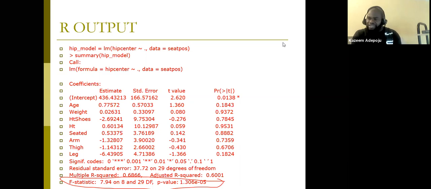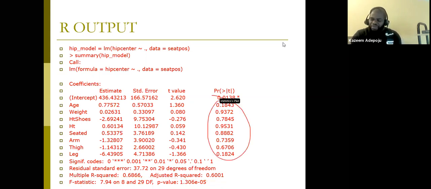But if you look at the t value, the p-value associated with each of these predictors is actually greater than 0.05, which means none of them is significant. Therefore, there's a conflict. Therefore, we need to investigate for multicollinearity.